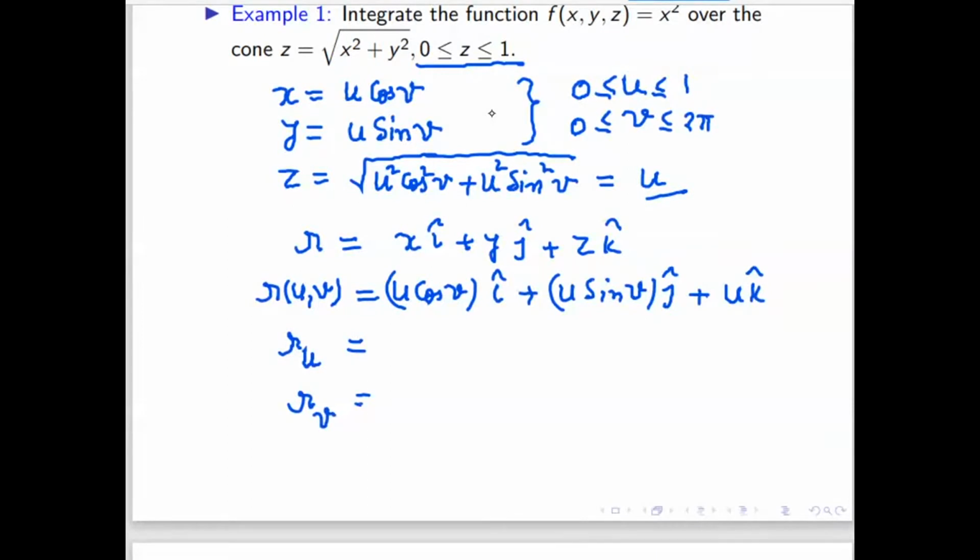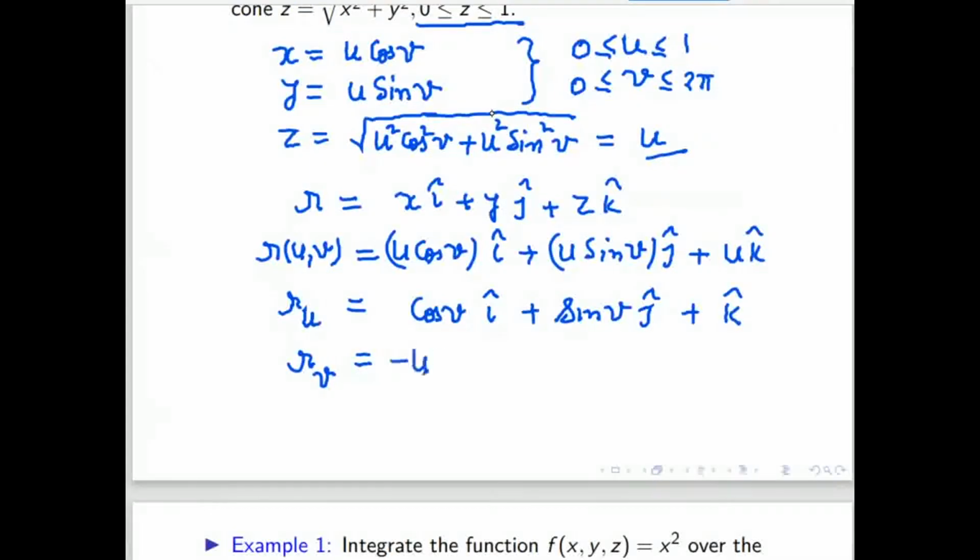The derivative with respect to u gives cos v i cap, sin v j cap, and the derivative of u with respect to u is 1, so it gives k cap. Now differentiating with respect to v, we get rv, which is minus u sin v i cap, plus u cos v j cap, and there is no v in the last term, so it is 0 times k cap.